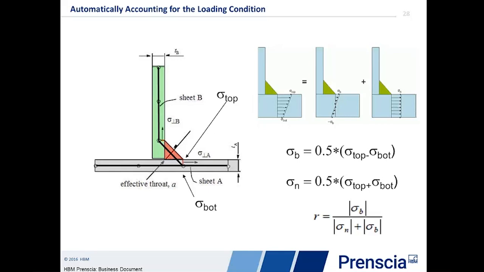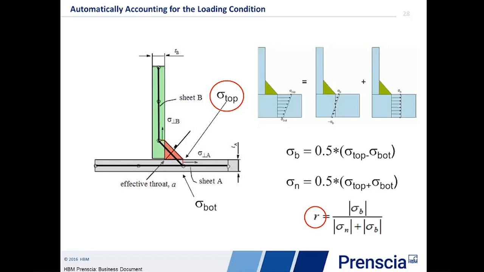In terms of shells, it's trivial. If I have a shell model, which we're showing here, I can interrogate the top surface and bottom surface. And once I have those surface stresses, it's trivial to calculate what the bending and tension stresses are. And from that, I can calculate a bending ratio.